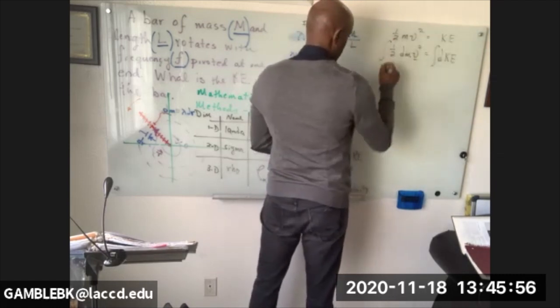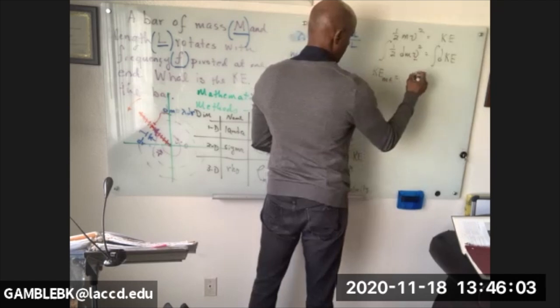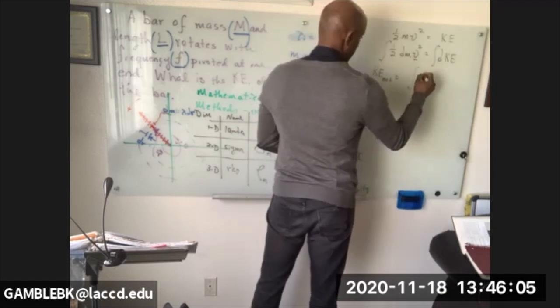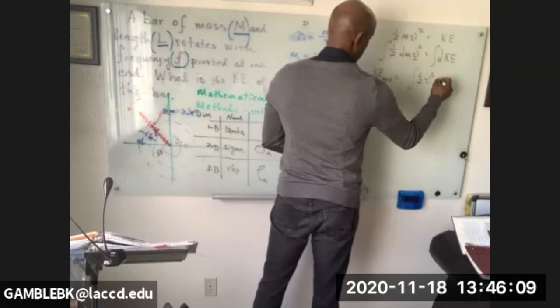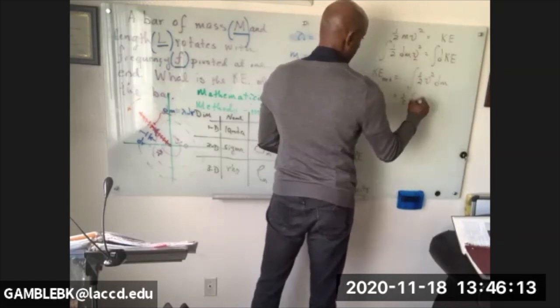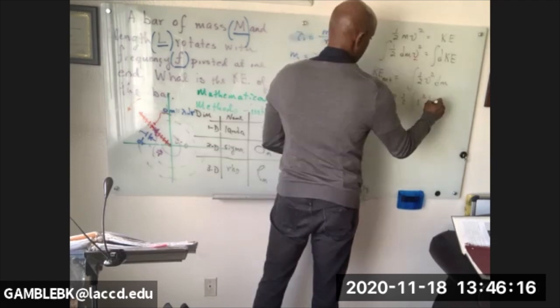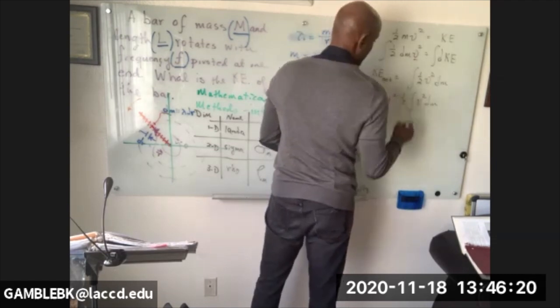So the total kinetic energy, the net kinetic energy, becomes the integral of 1/2 v squared dm. I'll take the 1/2 out, so 1/2 integral of v squared dm. So that's how you would set it up.